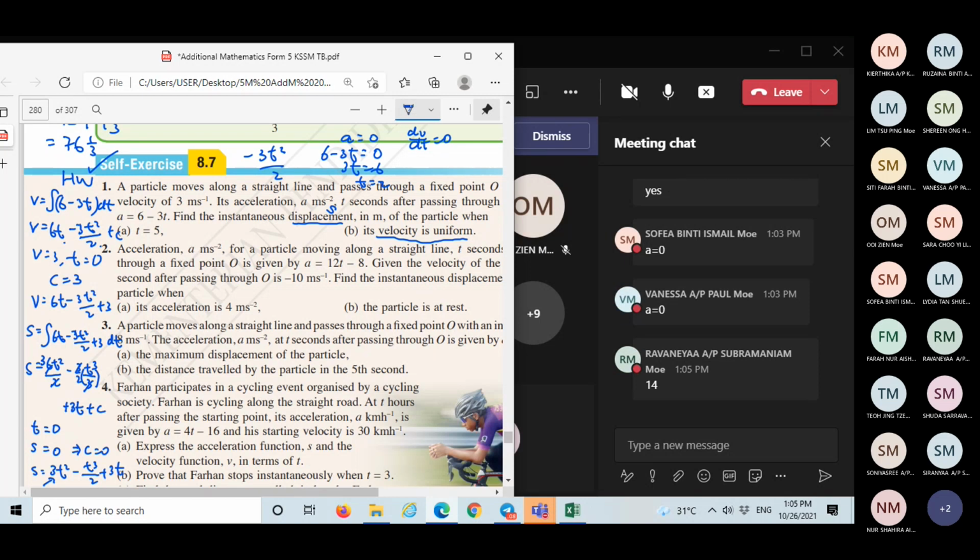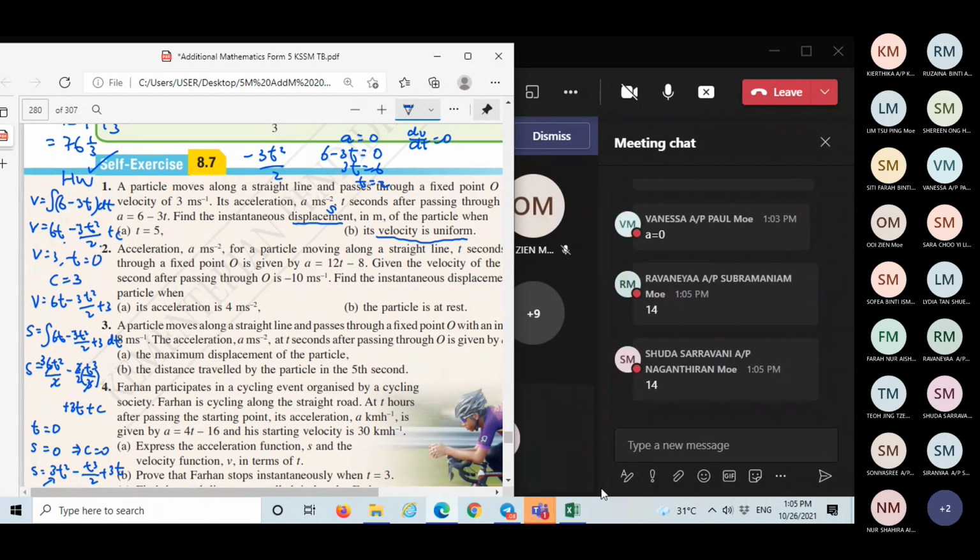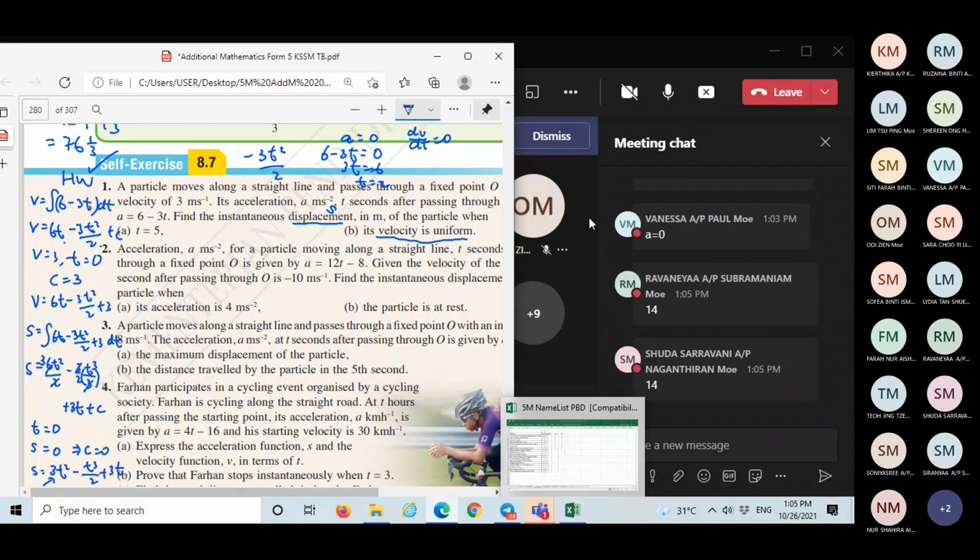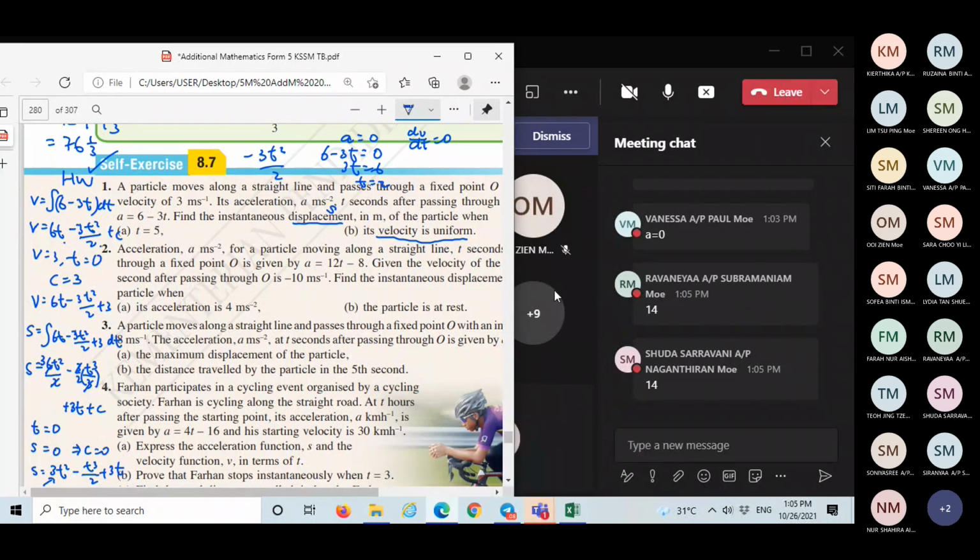Okay, correct. The answer at the back is 14. So now you learn another thing. When they say velocity is uniform, it means it is at the turning point, so the a is 0 or the dv/dt is 0.